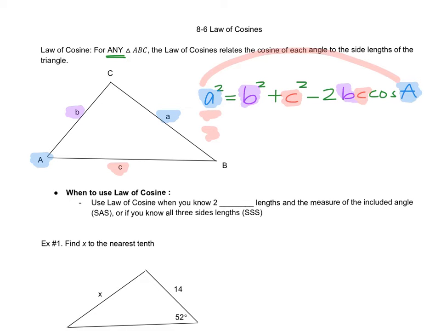Okay, so when to use the law of cosines? You can use the law of cosines when you know two side lengths and the measure of the included angle. So SAS, basically, with the SAS setup, you can do it. Or if you know all three side lengths, so if you have SSS, okay, you'll use the law of cosines.